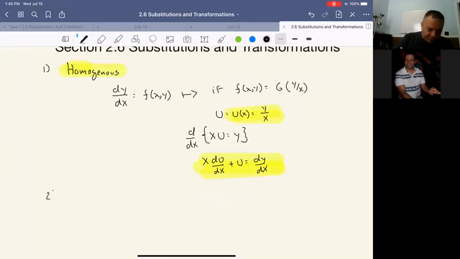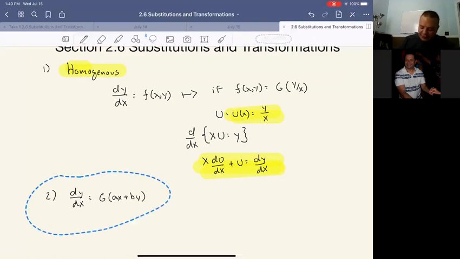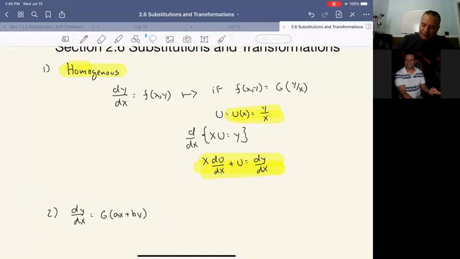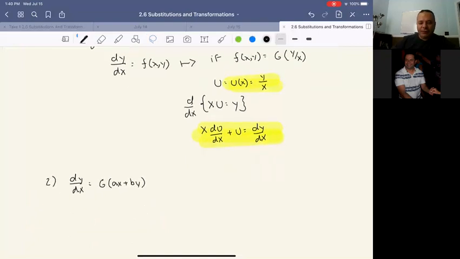The second type of equation we're going to see, I don't think it has a name other than dy/dx equals g of ax plus by. That's just what it's called in the book, so we'll keep it that way. We'll make the substitution u equals ax plus by.